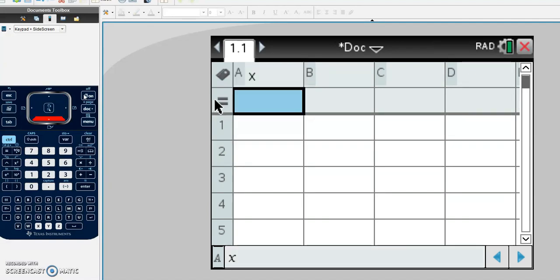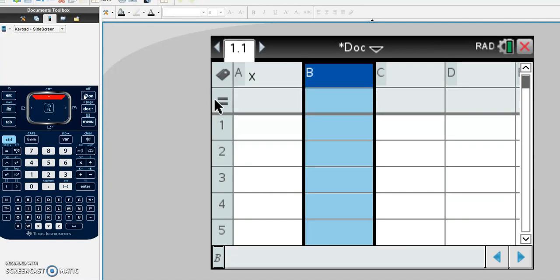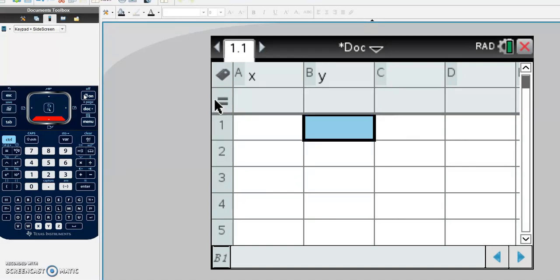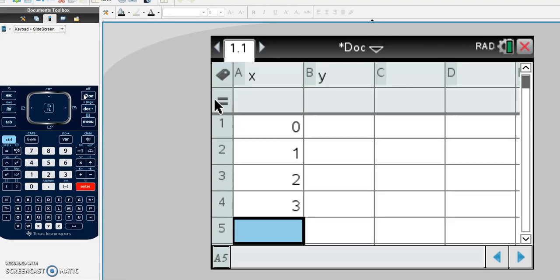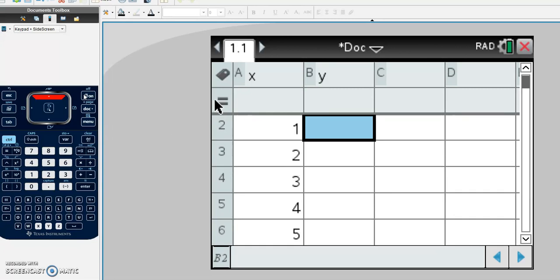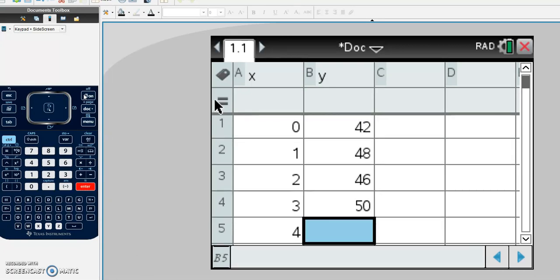On A, we're going to type in an X, and on B, we're typing in a Y. And then I go back to the first row where it has number 1, and I'm typing in the X values. So it would be 0, 1, 2, 3, 4, and 5. And then I will arrow back up to row 1 under the Y column, and I'm typing in the number of goals. So 42, 48, 46, 50, 52, and 48.